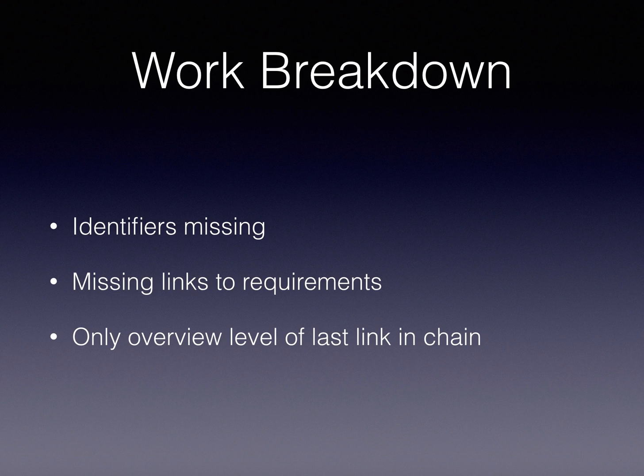And it was missing links to the requirements, which is also sad because the requirements are basically what make up the software project in terms of its functionality. The work breakdown was also only given in responsibility to the last link of the chain. It wasn't describing the upstream team members saying, oh, I'll need this by Tuesday if I'm going to deliver it on Wednesday, and that sort of detail, and who those team members were. I think there's a limit of how much detail we can put into the work breakdown, and some of these things have got to be a little bit more fluid.